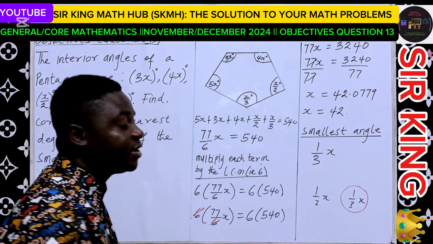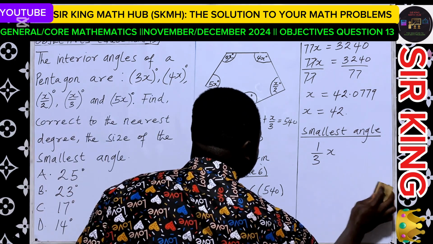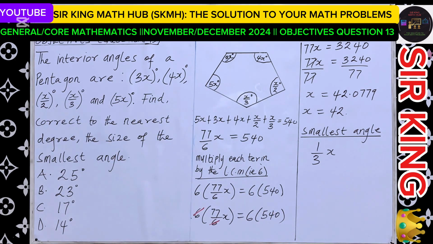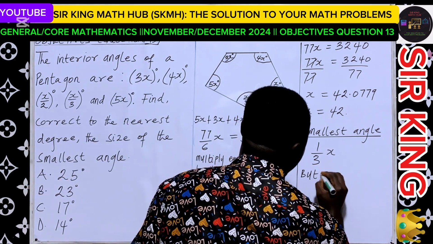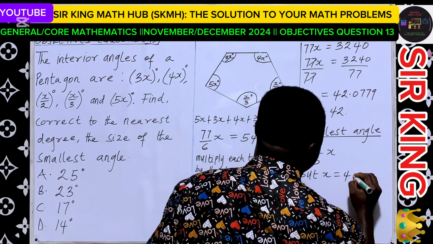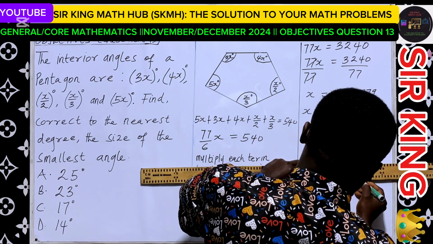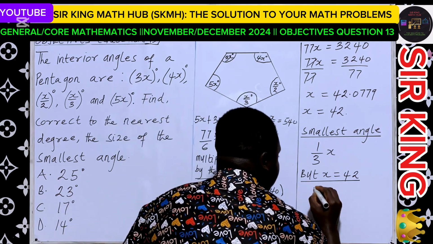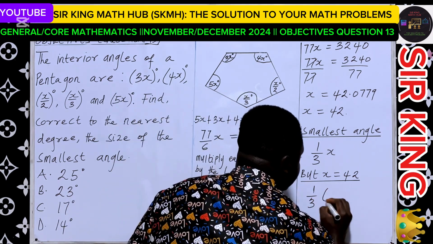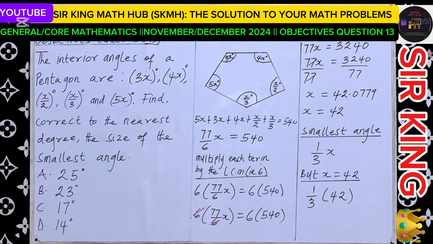But what is the value of x? We want the actual measure. We know the value of x is 42. So let's substitute 42 in place of x. 1/3 multiplied by 42, what's the answer?